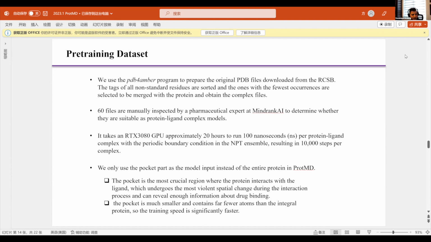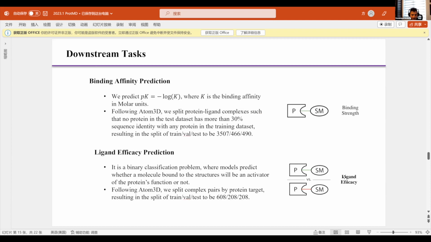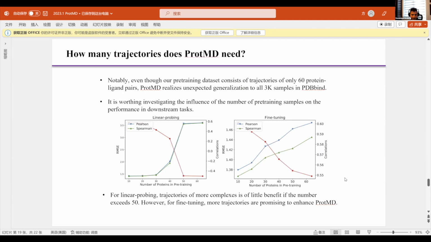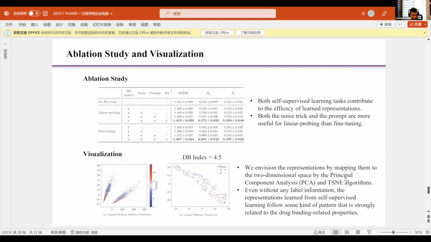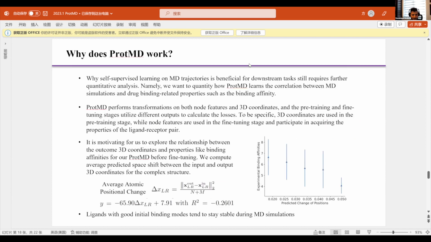Okay, I guess I can ask my questions then. If you go on the plot where you show the correlation between the distance, I think the previous slide. Yeah, this one. Predicted change in position and experimental binding affinities.